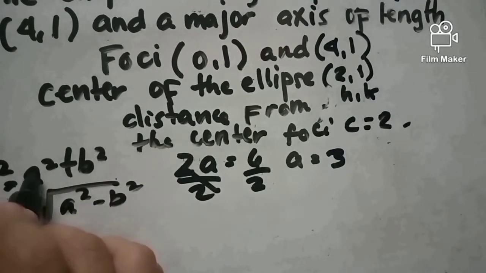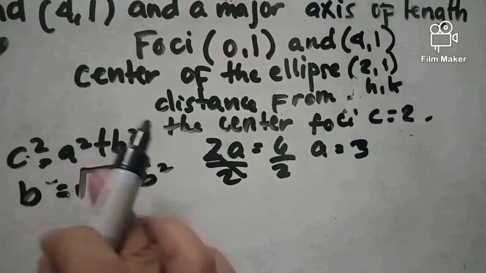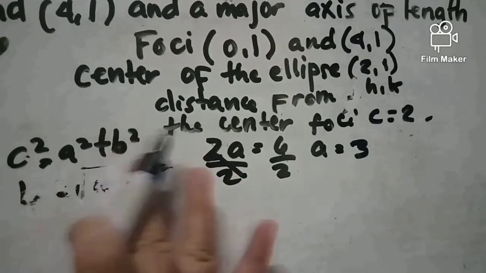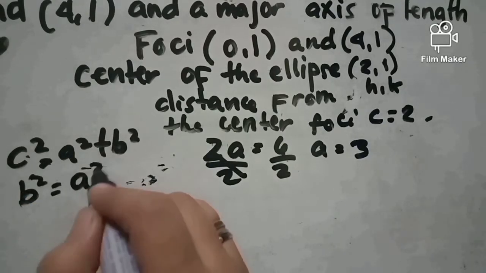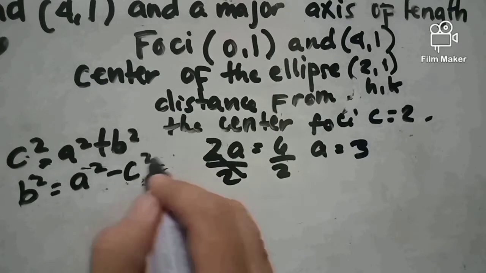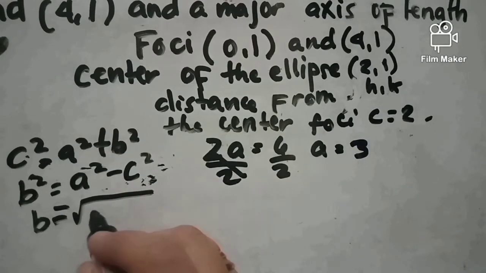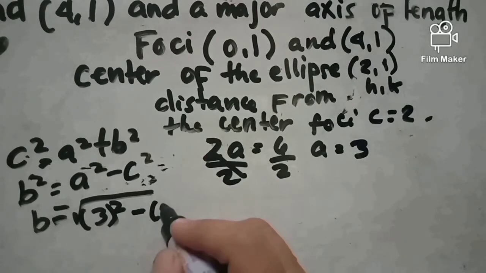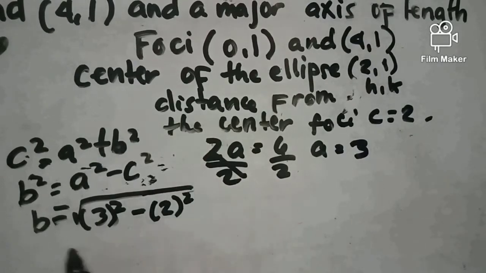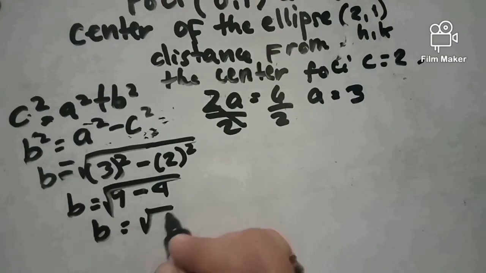Dito yung galing sa parang Pythagorean theorem. So, B squared equals A squared minus C squared. Substitute yung A, 3 squared, and then C squared will be 2 squared. So, yung B squared, magiging 9 minus 4, and B is equal to square root of 5.